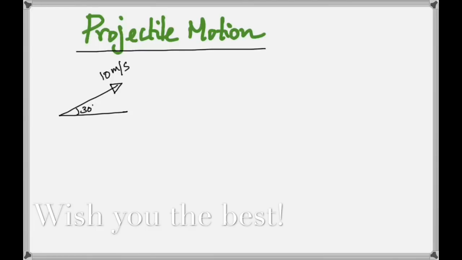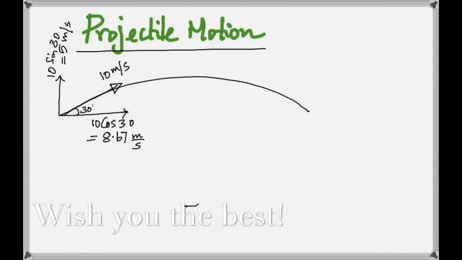And the vertical would be 10 sine 30. So that's what you do first. That gives you 8.67 and 5. Stop and ask questions if you have any. You got that? And then that's the complete trajectory.